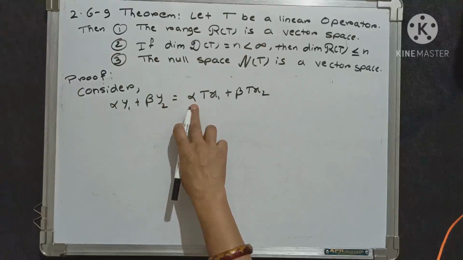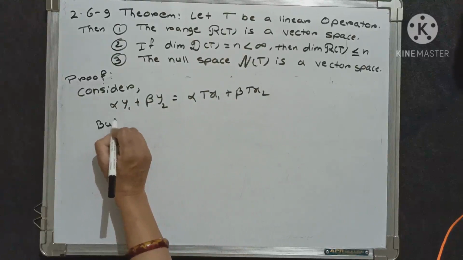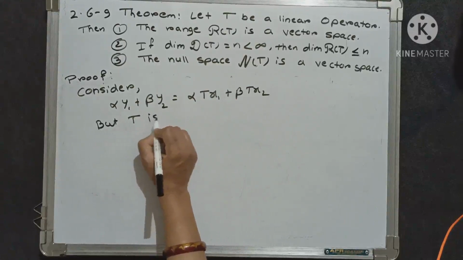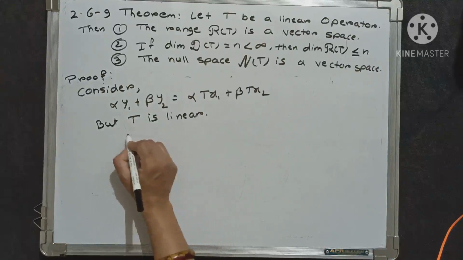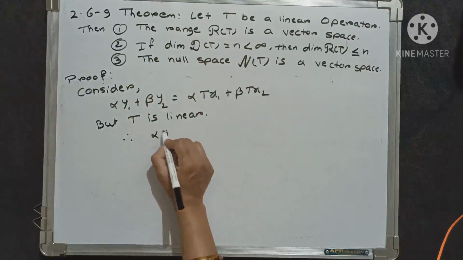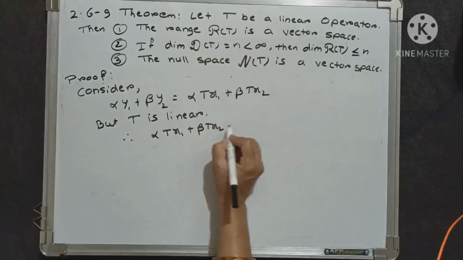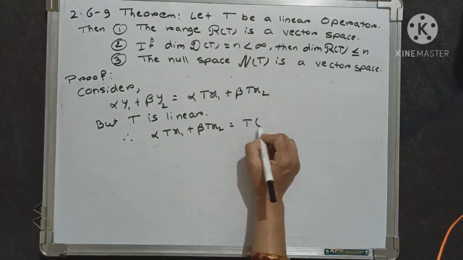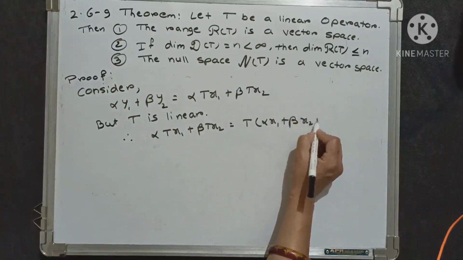Now this equals alpha Tx1 plus beta Tx2. But we know capital T is linear, and as capital T is linear, alpha Tx1 plus beta Tx2 equals T of alpha x1 plus beta x2.